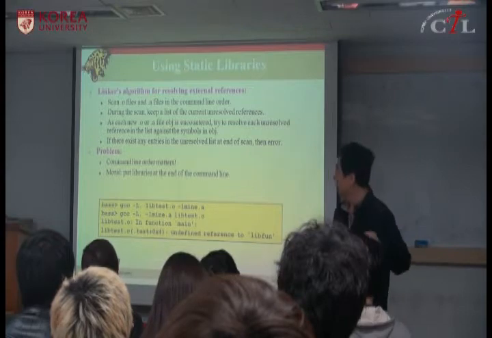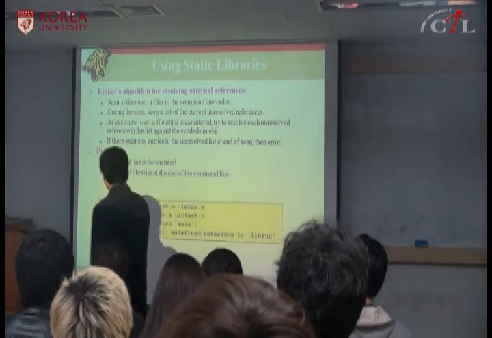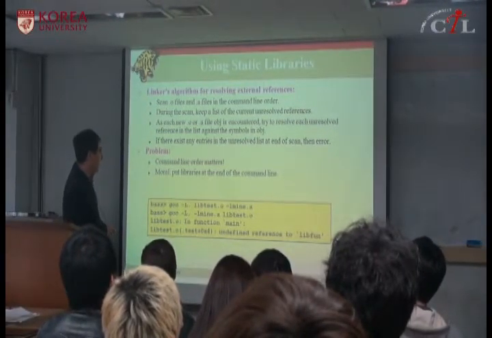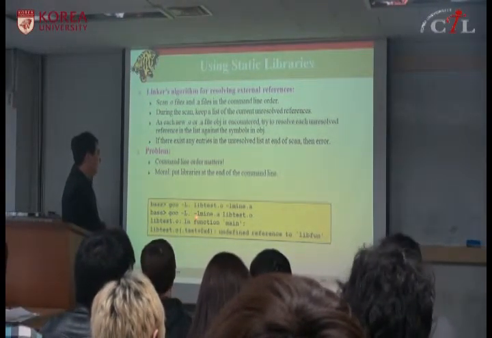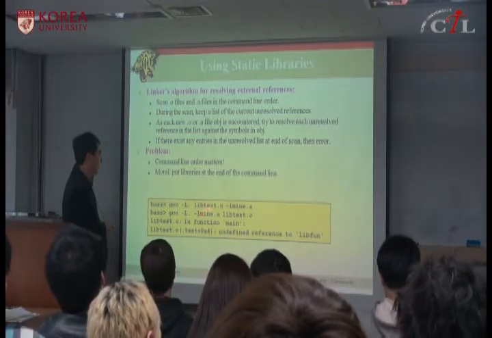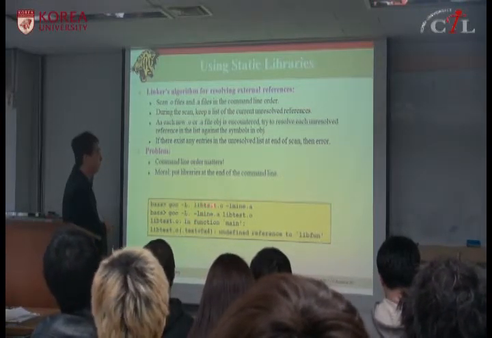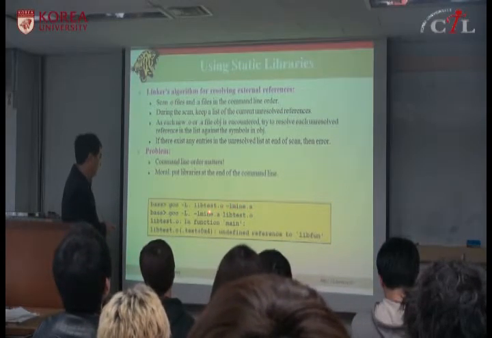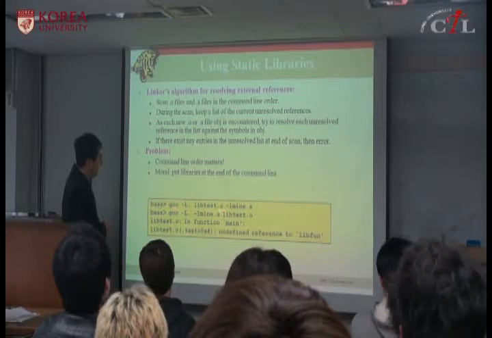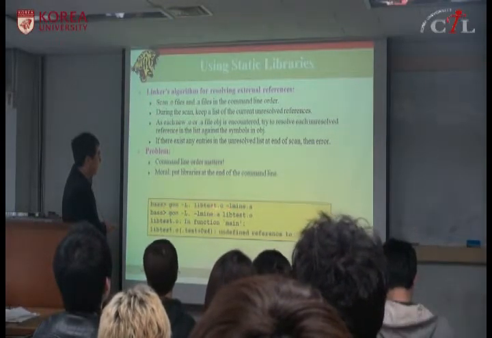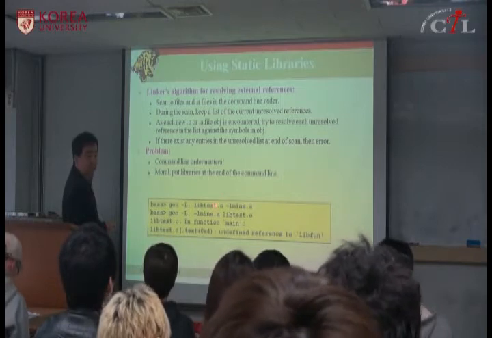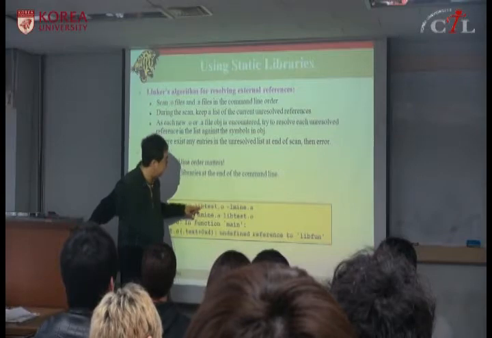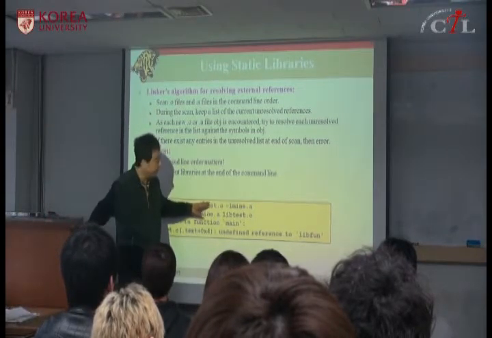Okay? So in this example, this is some test object file, and this is the library. If you do this kind of linking, the link succeeds, because it calls some function in this library, and the unresolved external reference can be found from this library.